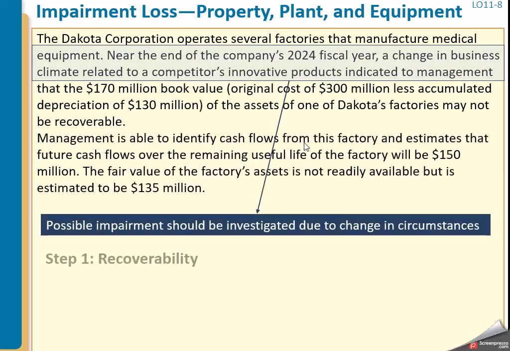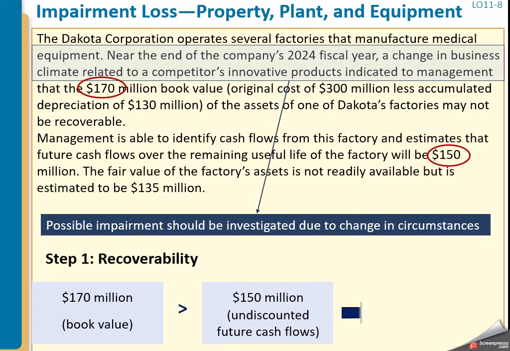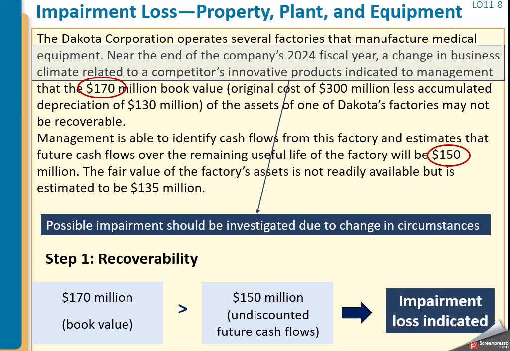So here we've got an example where the business climate changed and a competitor's innovative product has maybe taken a toll on our market. So then we have $170 million book value. We estimate it is probably closer to 150 million from an undiscounted future cash flow standpoint. So that indicates that there probably should be an impairment taken.